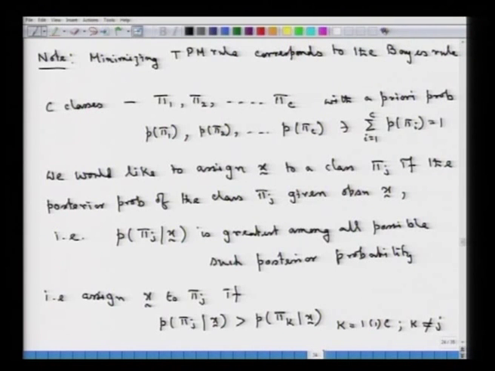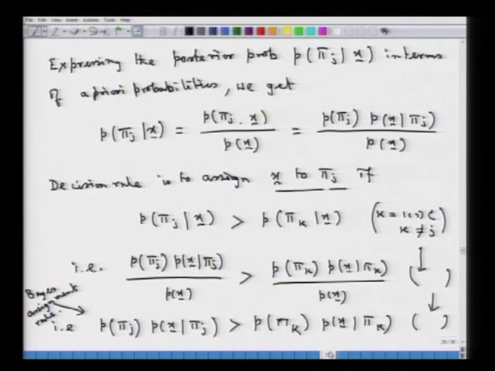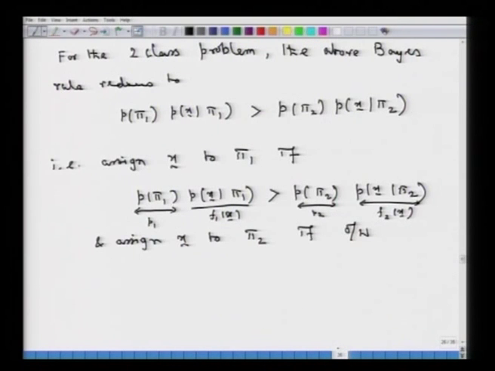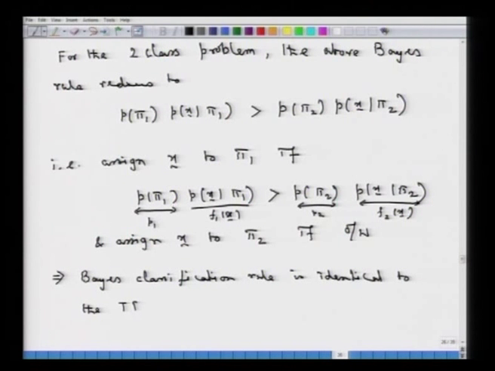For a discrete distribution, some cases can have that ratio equal. Hence the Bayes rule, or Bayes classification rule, is identical to the total probability of misclassification minimizing classification rule.